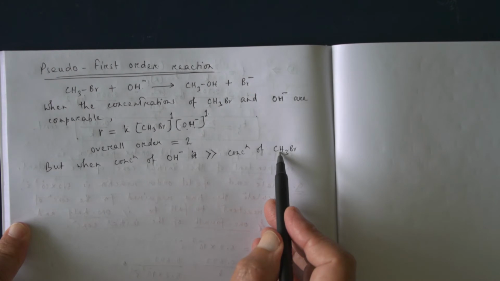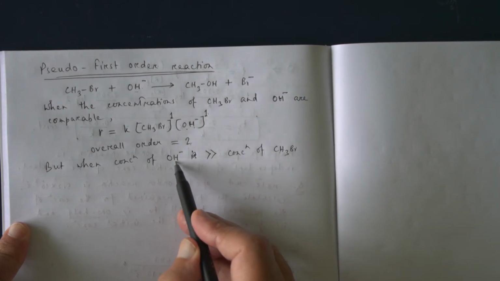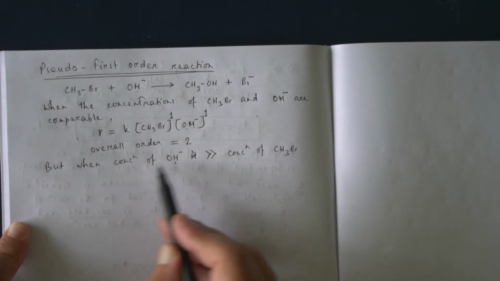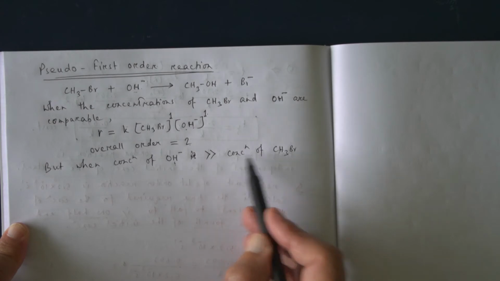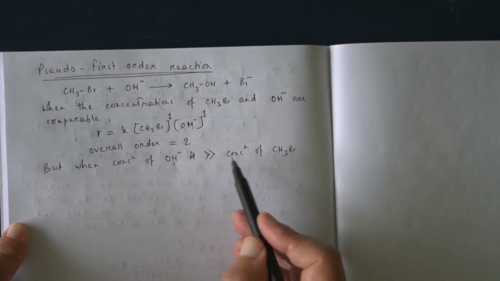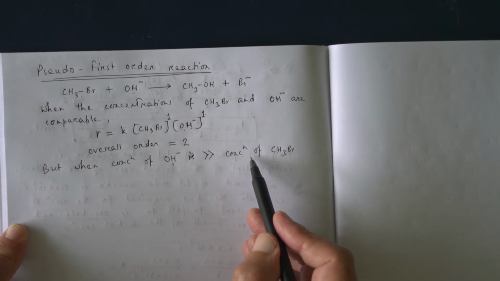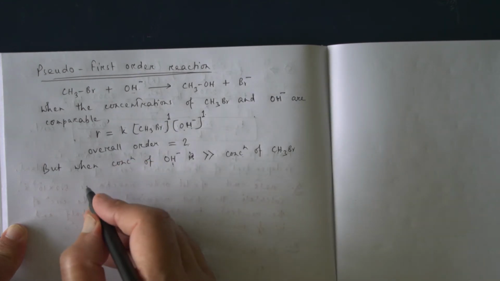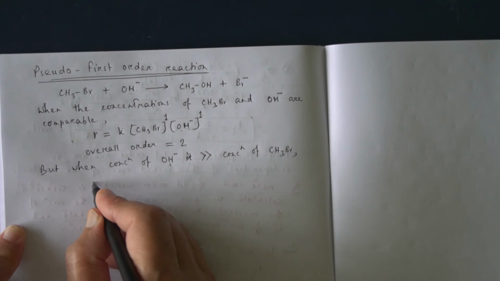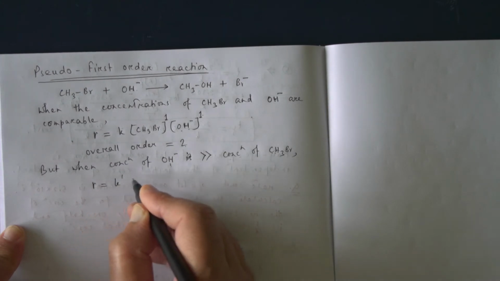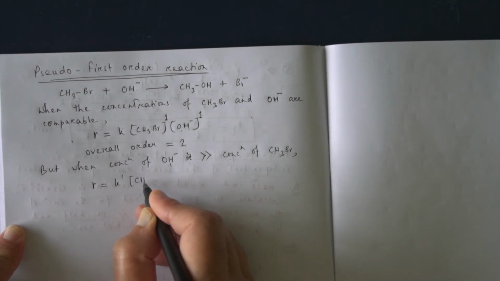So when the concentration of this is greater than this, more than 10 times, then it is found that R becomes equal to K dash this.